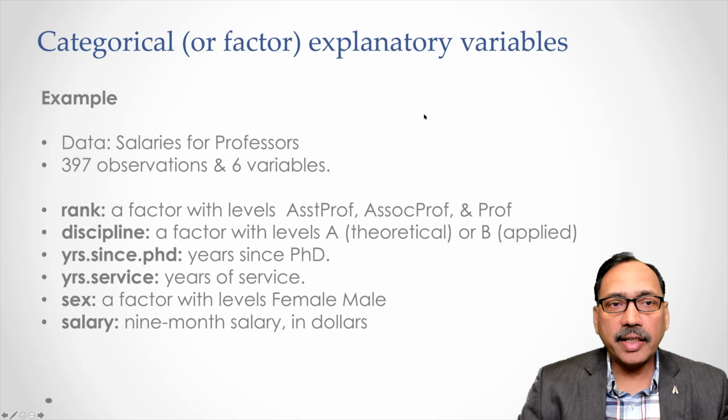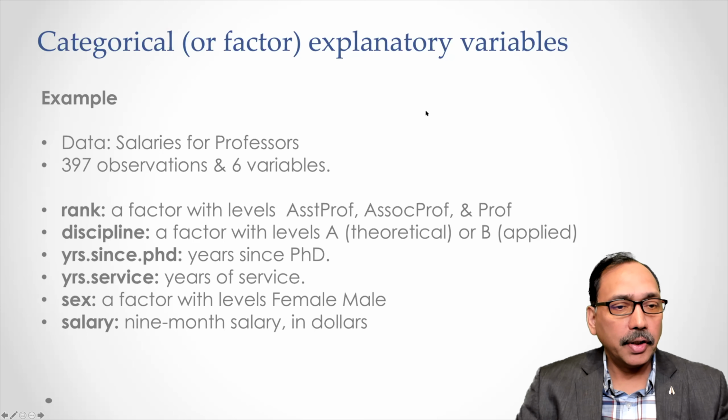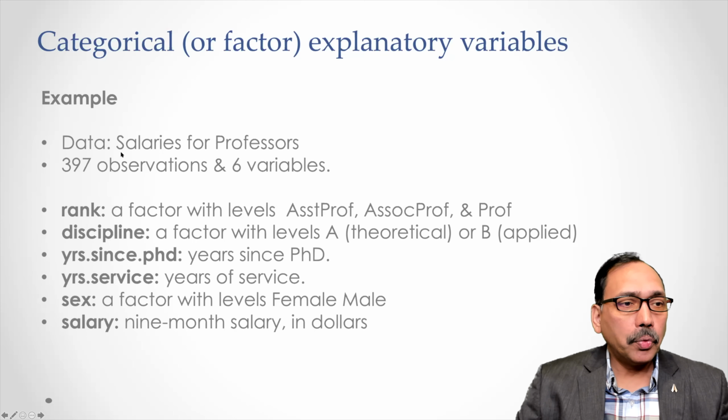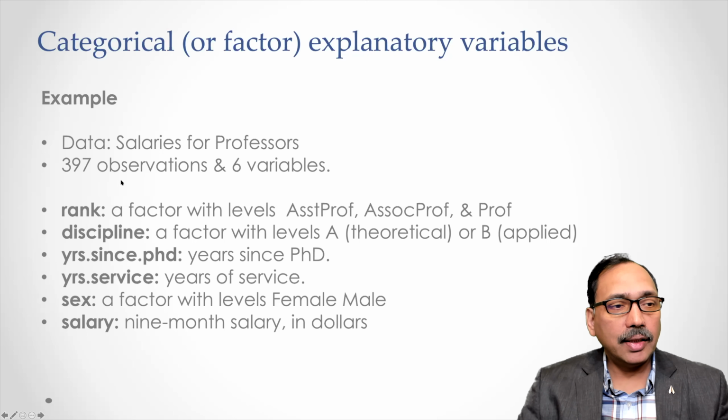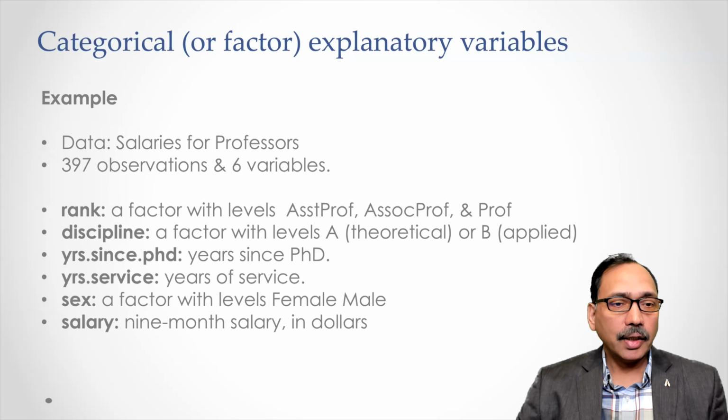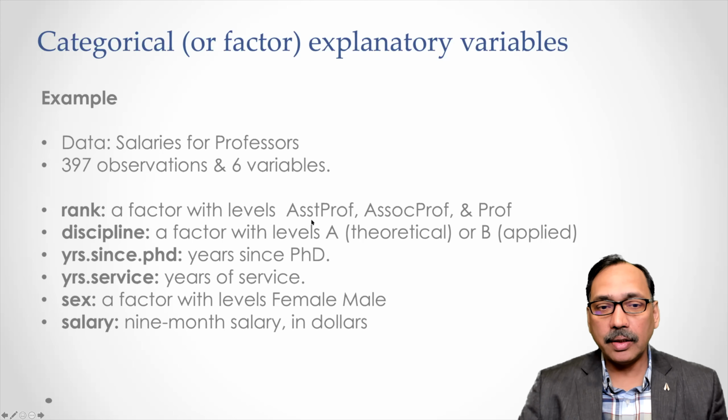Now consider an example where the data is salaries for professors, and this data set has 397 observations with 6 variables. You may notice that some of the variables are not continuous. For example, rank is a factor with levels such as assistant professor, associate professor, and professor.